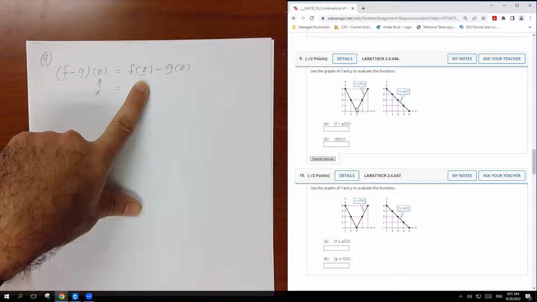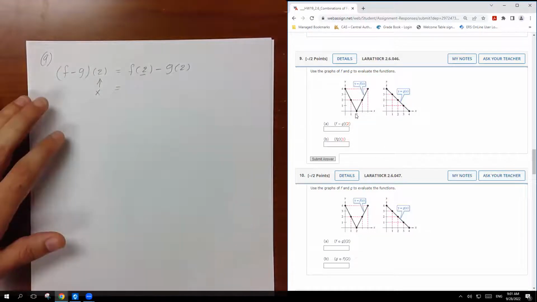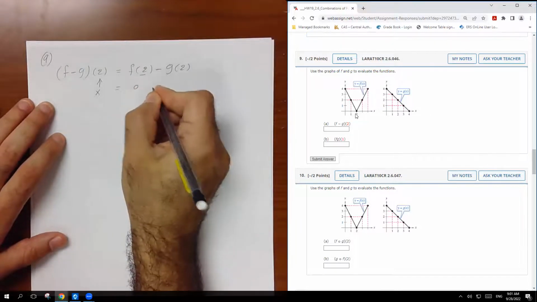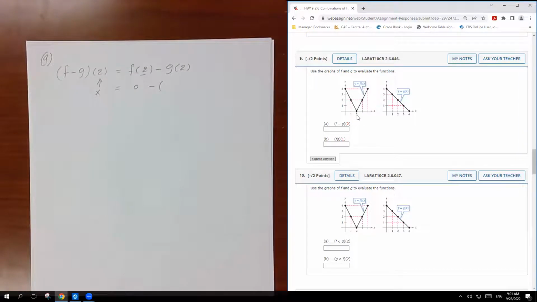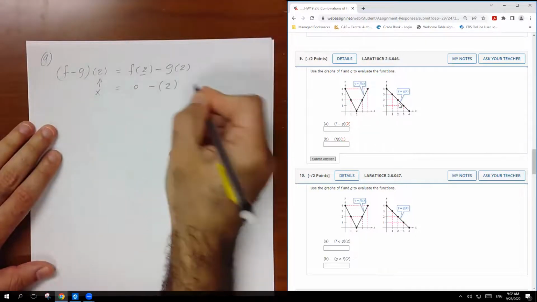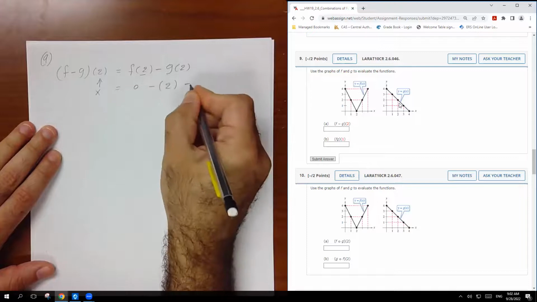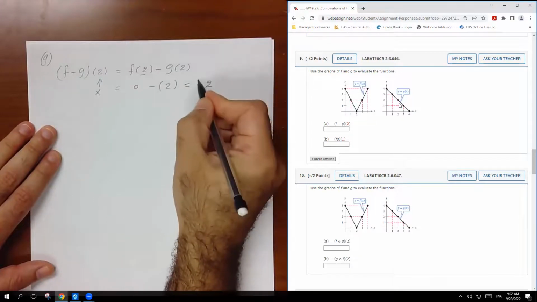So f of 2 is 0, minus g of 2. Here's the g function. Here's 1, 2. I'm going to go to the y value, that means up, up, up to the graph. The y value at this point when x equals 2 is 2. So we write down 2 here. 0 minus 2, the result is -2.